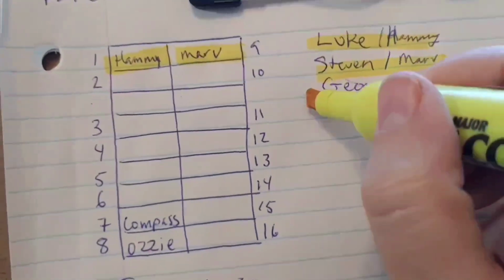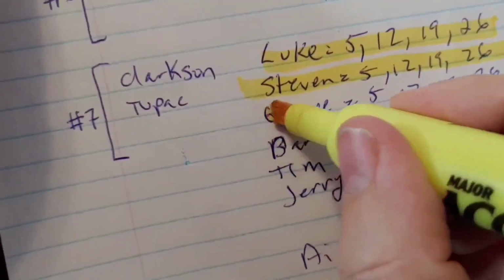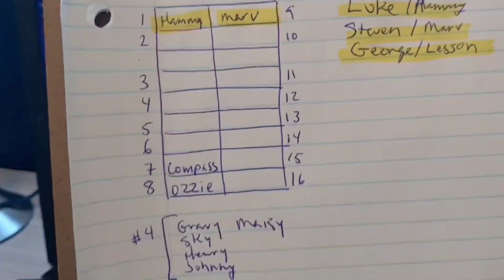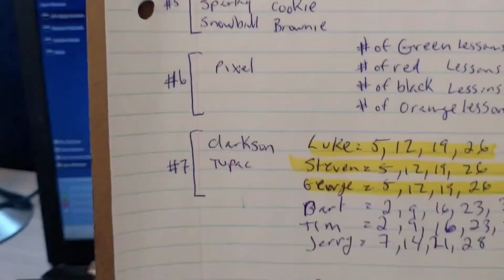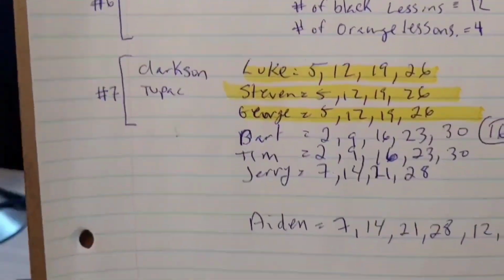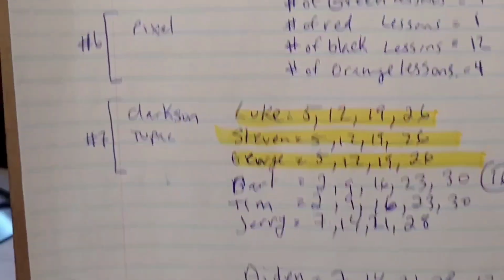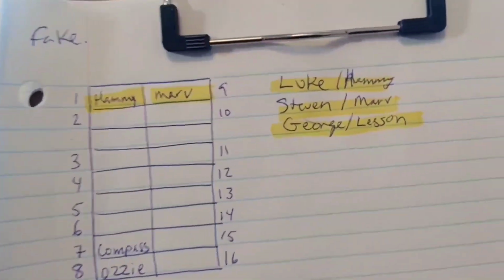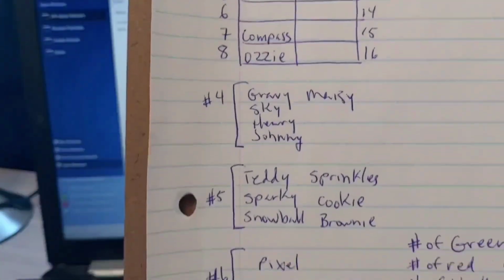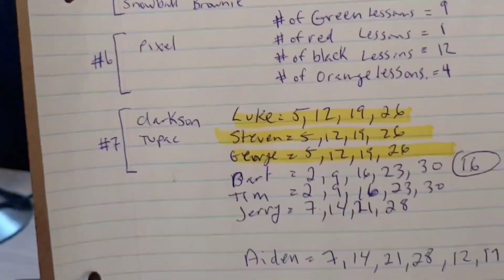And then now we're going to highlight George, lessons, George. And then at the end, if there's anything not highlighted, I know I haven't created the invoice for that horse or for those riding lessons. So that is another little check that I make sure that I didn't forget anybody. But when I don't do that, sometimes I do forget.